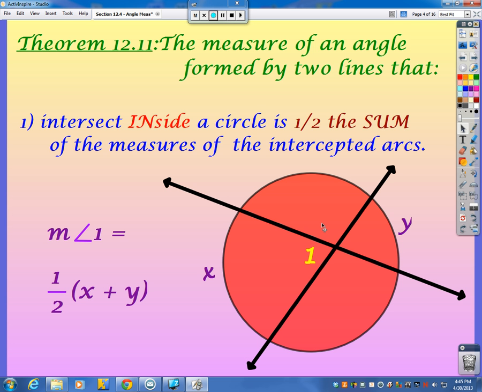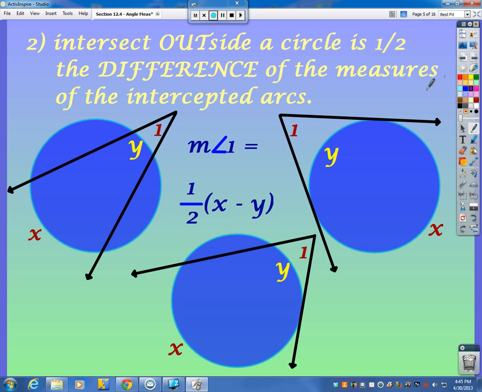Now, besides lines crossing inside a circle, we're also going to look at lines crossing outside the circle. And there's still going to be the 1/2 thing involved here, but instead of adding, we're going to subtract the two arcs that they trap, okay? Now there's 3 different scenarios here, as you can see.